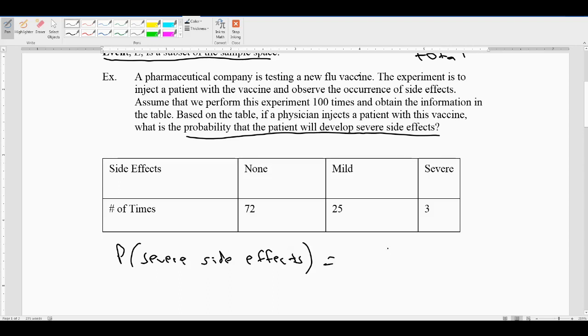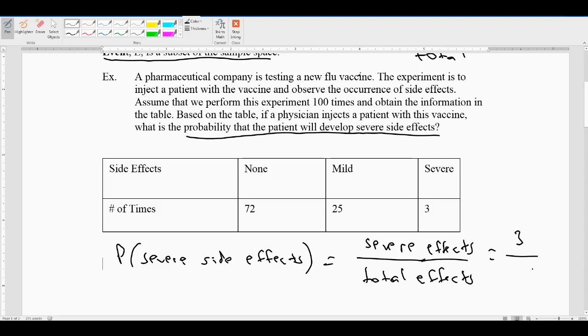To find that, we need the number of severe side effects divided by the total effects. So the answer is going to be a fraction. How many are severe? We have 72 that had no side effects, 25 had mild, and 3 had severe. So that tells me that 3 had severe.